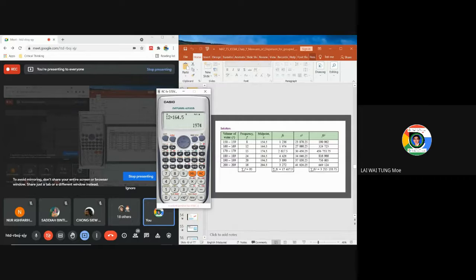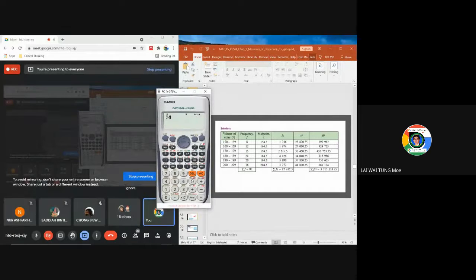After that you press M plus. Then continue with the third one, which is 15 times 174.5. Equal, you get this one. So press M plus, and repeat until you get the last one.